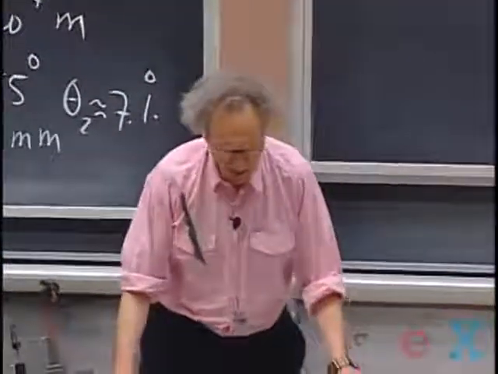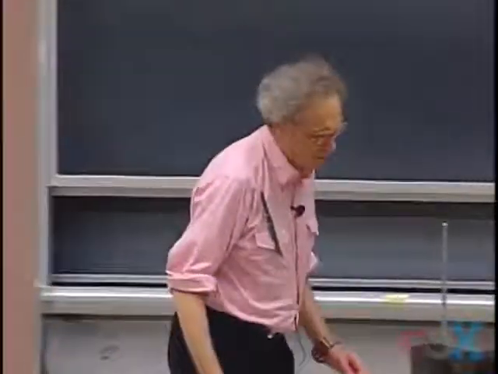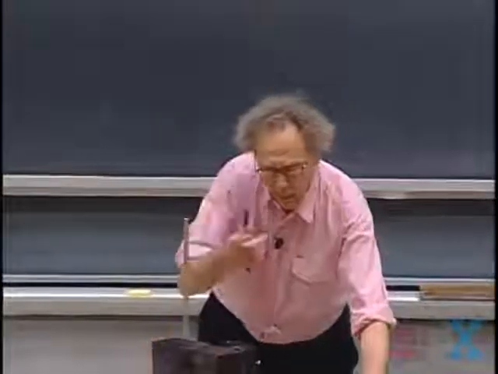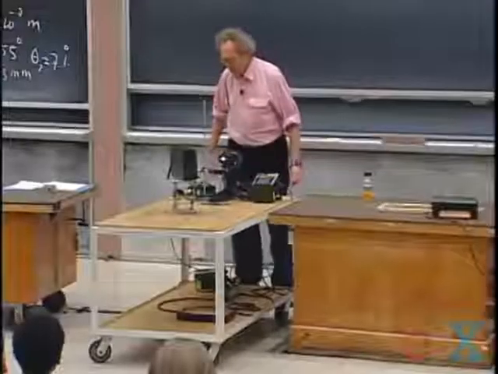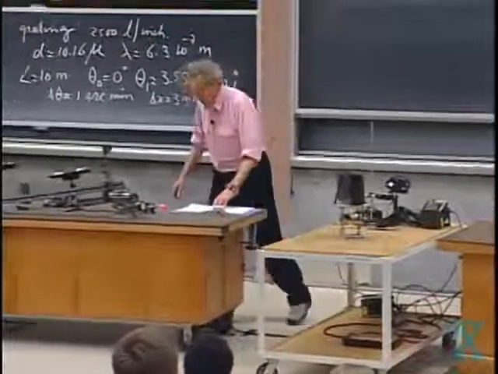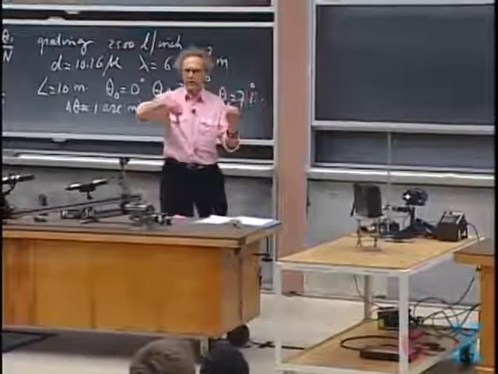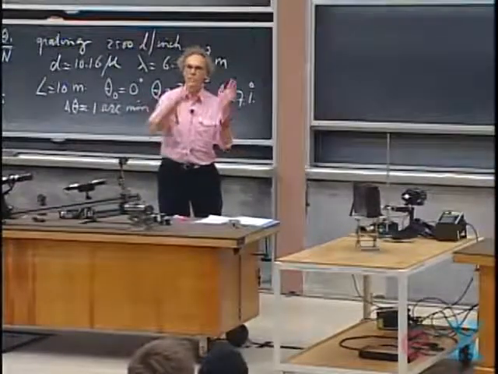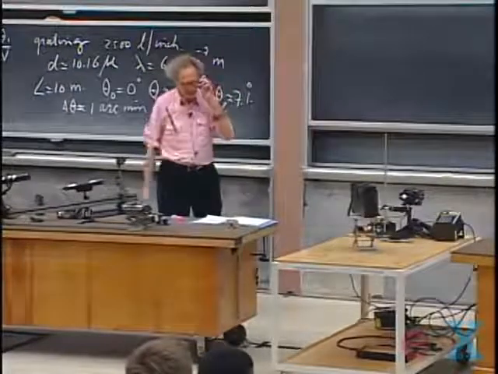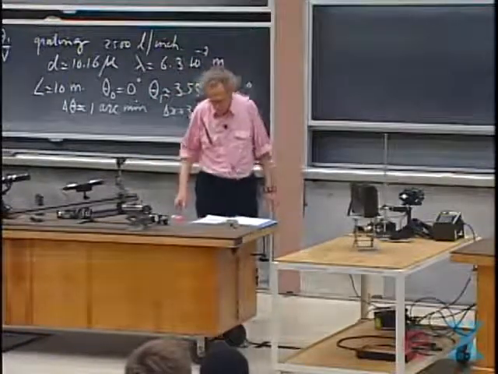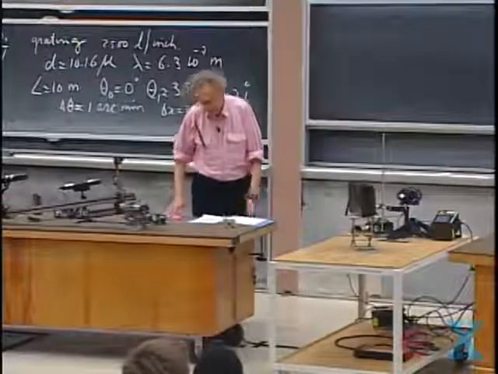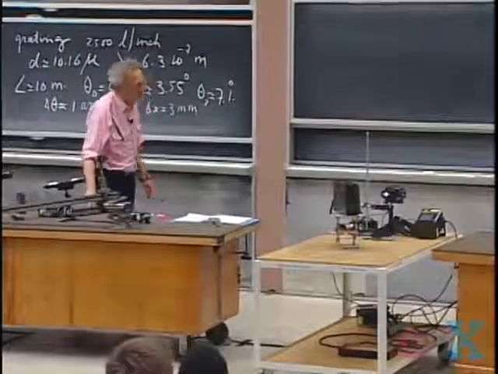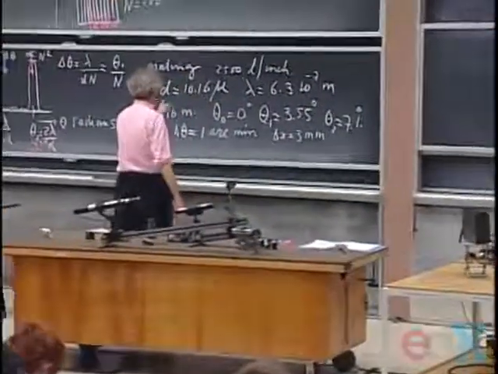It is not so easy to get a very strong, powerful source of white light. I'm using for this a reflection grating. You can also use gratings in reflection. You take metal, and then the grooves are made on the metal, and you get a reflection which we will have there on the wall. This reflection grating has a spacing which is 4 times smaller than the one we have here.